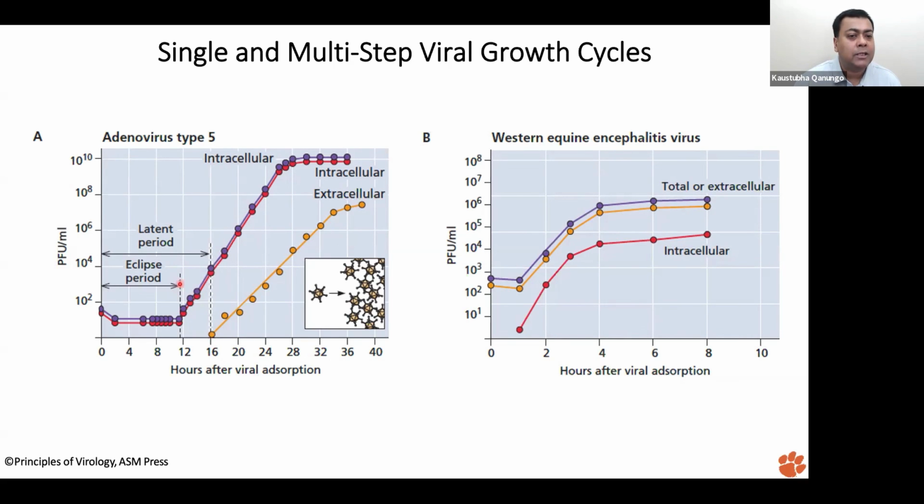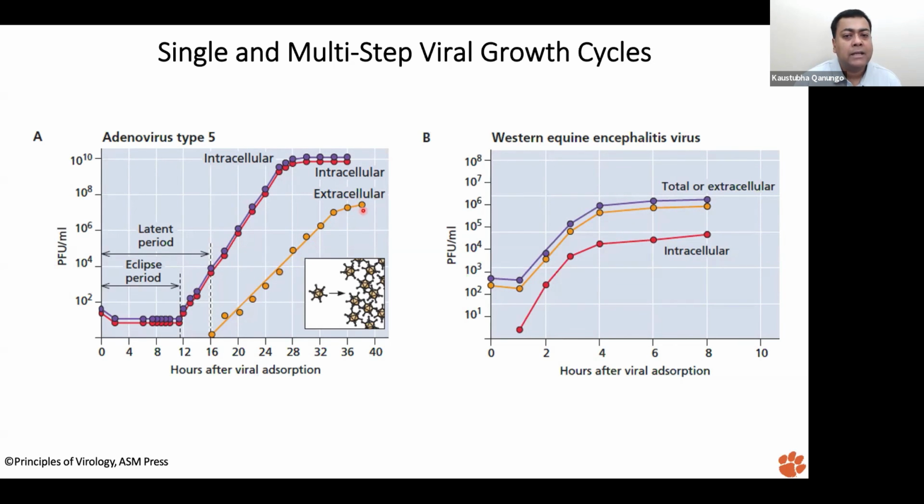So it's a beautiful experiment where you can see that this difference from the eclipse period to the latent period is where the virus is being assembled inside the cell, but has not come out of the cell yet. At the end of the latent period, the virus will start to burst out of the cell.